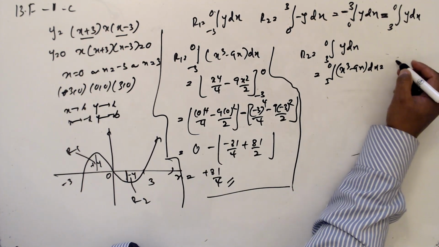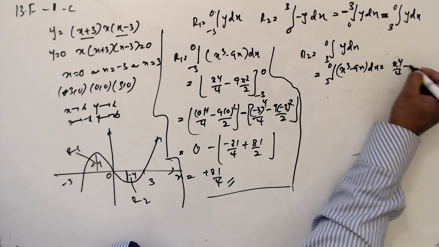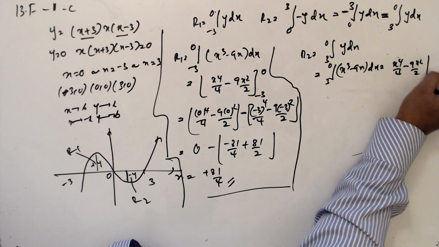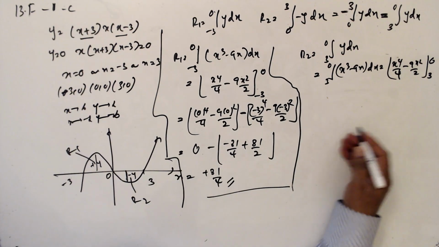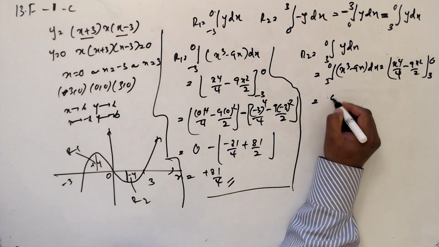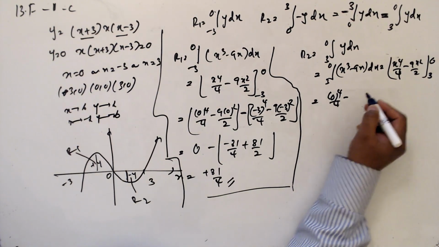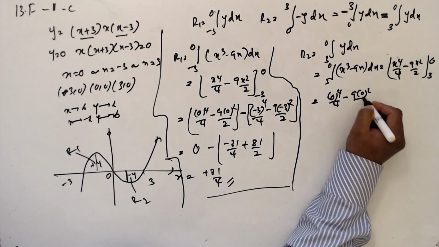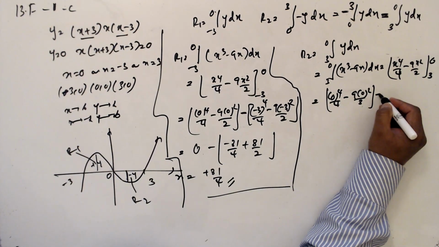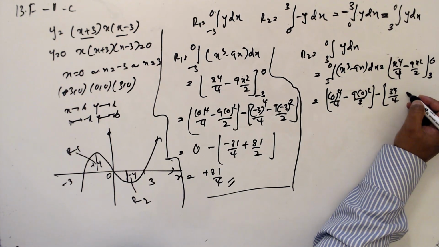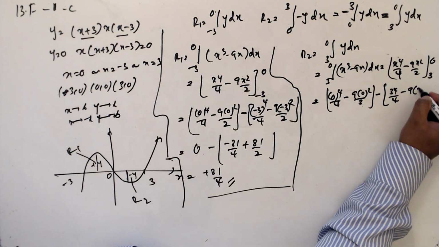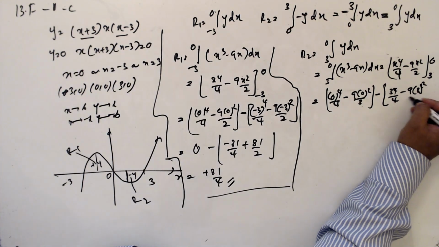This is going to be x to the 4 over 4 minus 9x squared over 2, from 3 to 0. It means this is going to be 0 to the 4 over 4 minus 9 times 0 squared over 2, minus 3 to the power 4 over 4 minus 9 times 3 squared over 2.